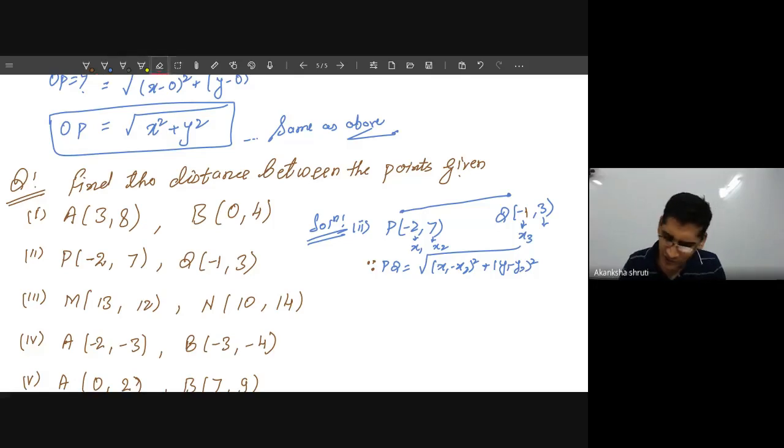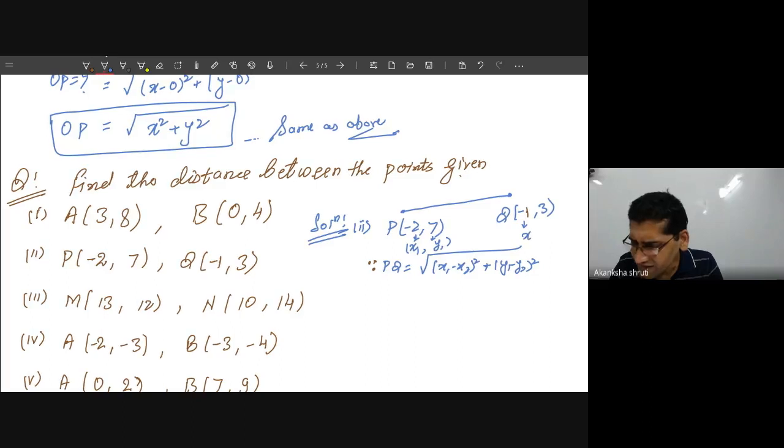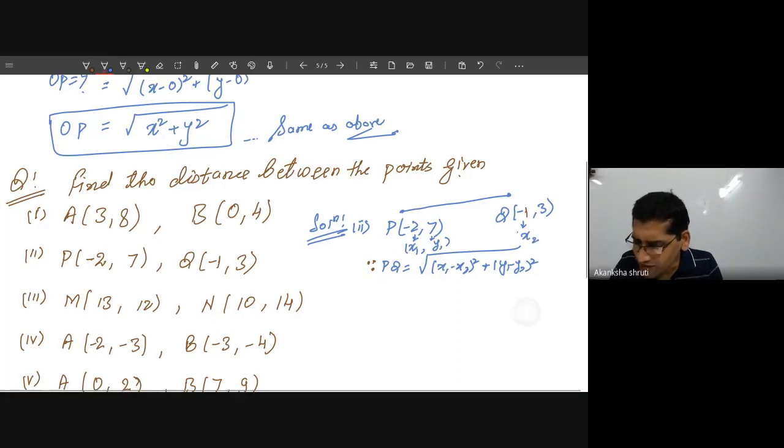So you have to take care of all these things. So this given is our x1, and this y coordinate is our y1. It is our x2, only the second point is there, and this is our y2.